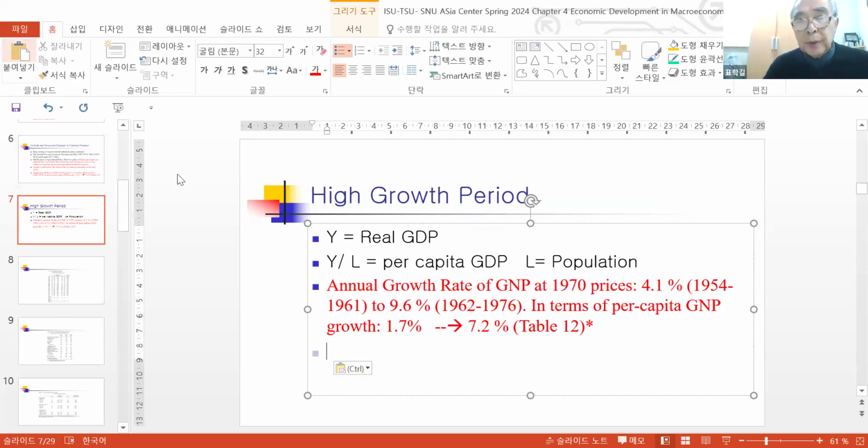Okay, annual growth rate of GNP at 1970 prices, real GDP, from 1950 to 51 is 4.1%.